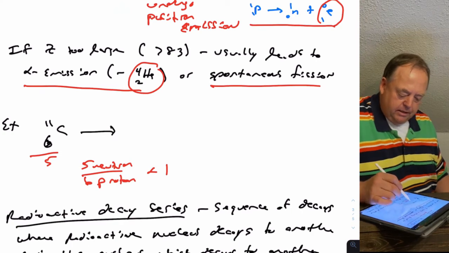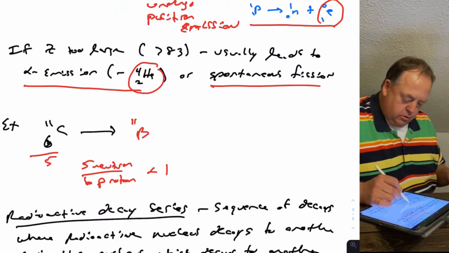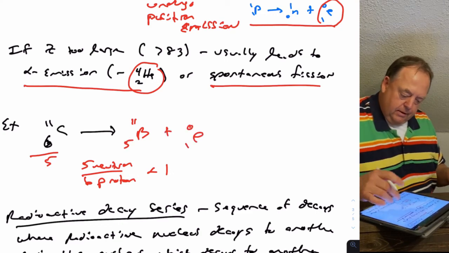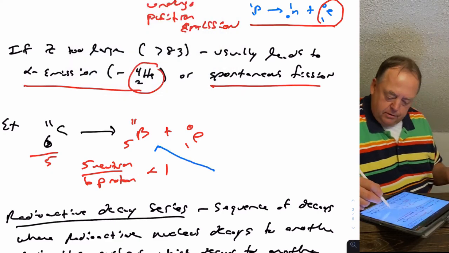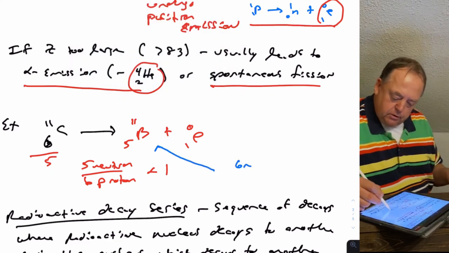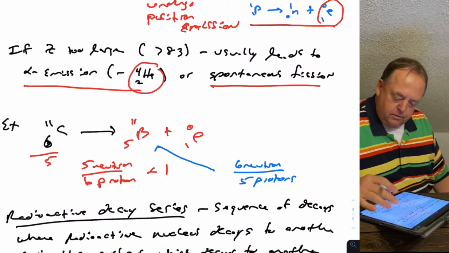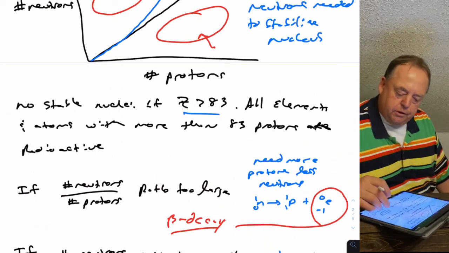The carbon-11 nucleus is converted into a boron-11 nucleus plus a positron. And now if we look at the ratio in boron-11, it's got 6 neutrons to 5 protons, so it's closer to that ratio of 1:1, or slightly greater than a 1:1 ratio.